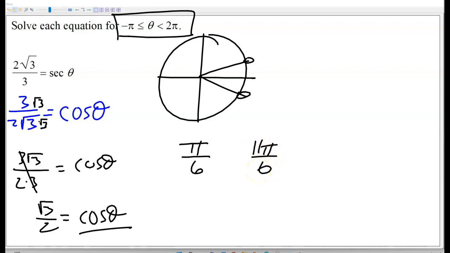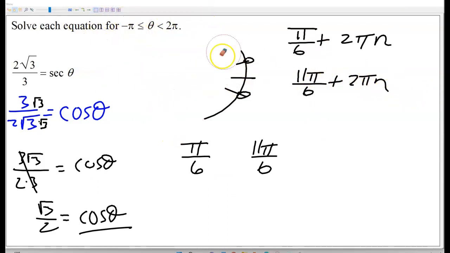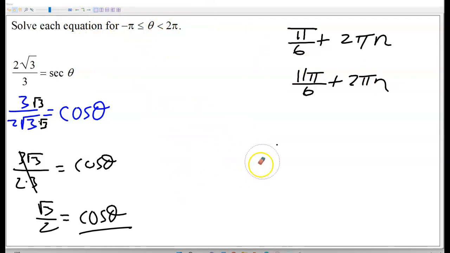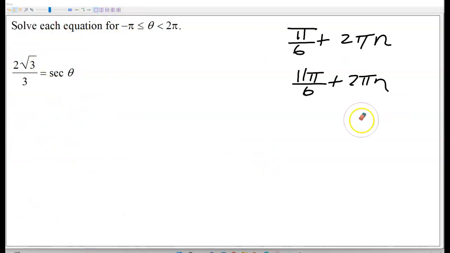And therefore, the general solutions are pi over 6 plus 2 pi n, and 11 pi over 6 plus 2 pi n. So there's my general solutions, and now we can use those general solutions to generate our specific answers that are between negative pi and 2 pi.